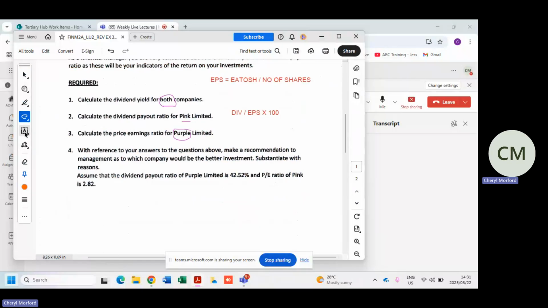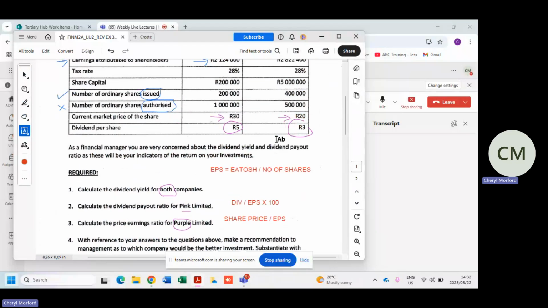What do you think the formula is going to sound like? Obviously, it's going to be share price. And what are we going to relate that to? As the name of the ratio tells us, share price over earnings per share. And this one will just be a number. It's a ratio.